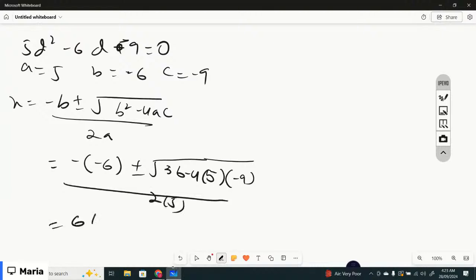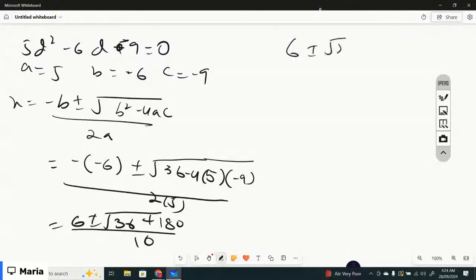So that is now 6 plus minus square root of 36 plus 9 times 5 is 45, and 45 times 4 is 180. So 180 plus 36 is 216. So that is 6 plus minus square root 216 divided by 10.